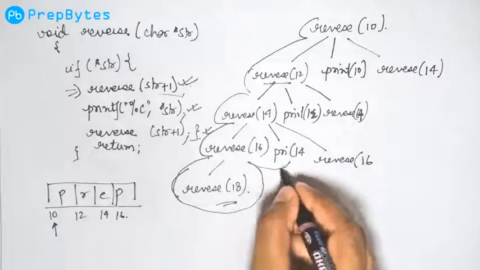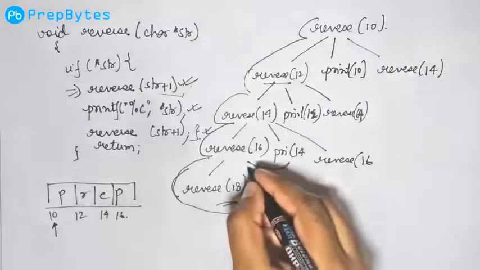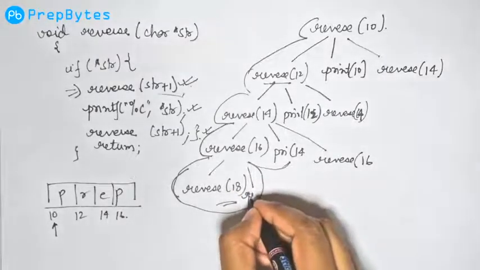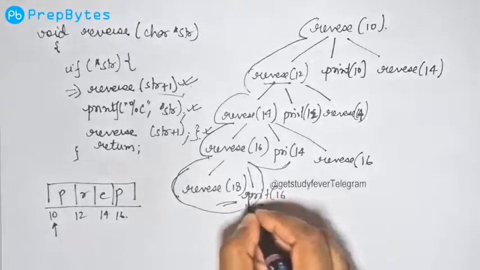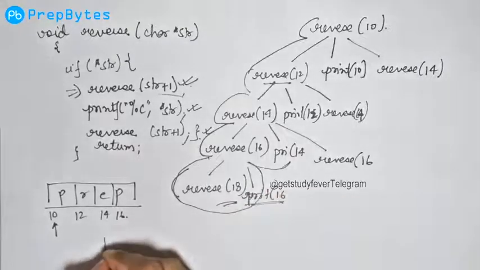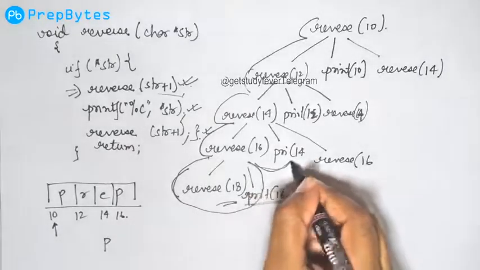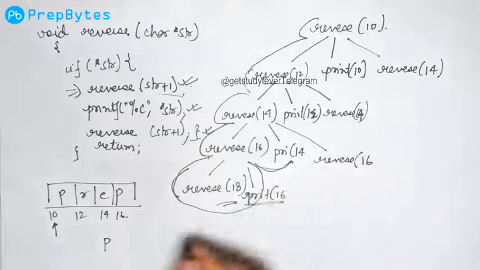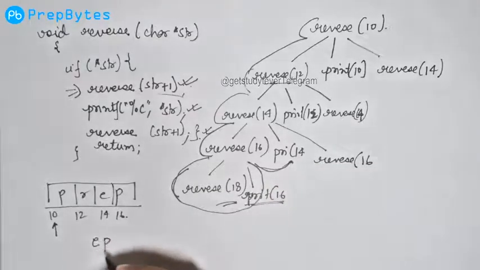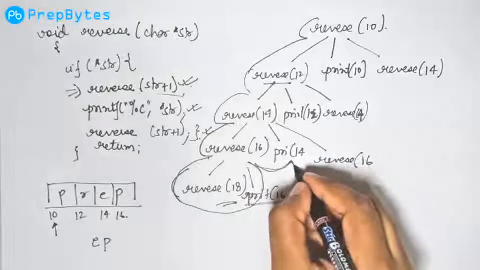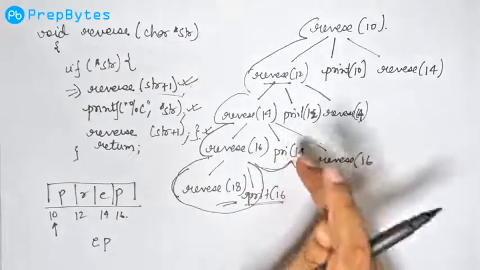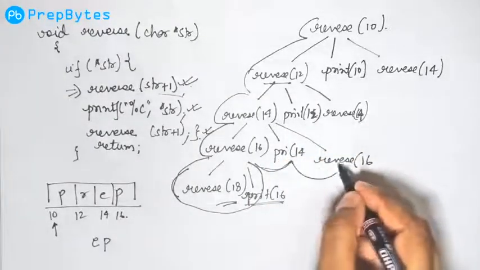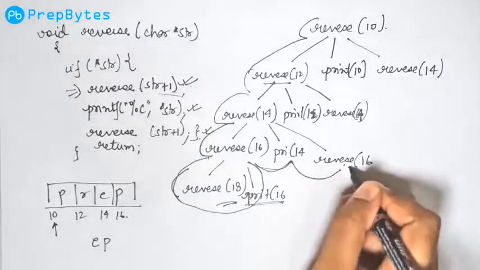Okay, sorry, print 16 is also here. So first print 16 gets printed, which is P, and then it comes by here and print, which is E, and P gets printed. Now whatever is left to this print gets executed, which is reverse 16.